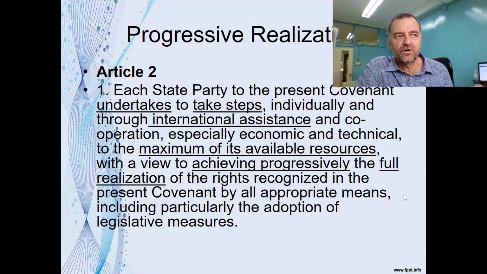Like there shouldn't be more homeless people than there were previously. There shouldn't be less health or less education available. The education, health, all those rights should be increasing progressively towards what's next, the full realization. Okay. And then you say the full realization of the rights recognized in the present covenant by all appropriate means. This last bit's important, including particularly the adoption of legislative measures.